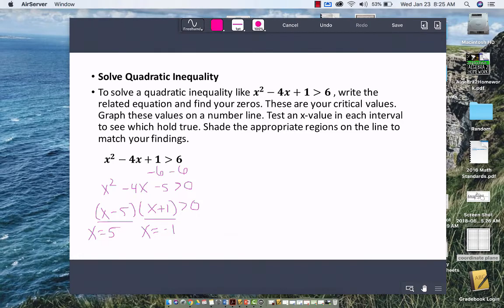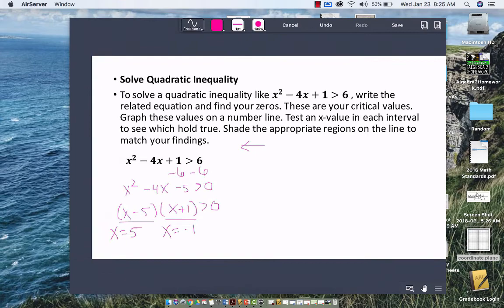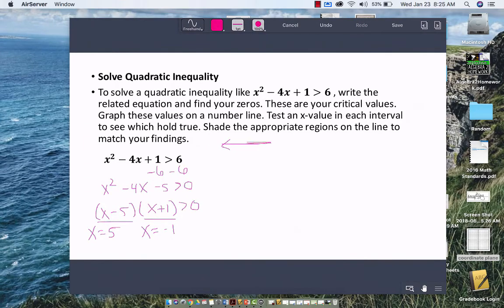So this is where this really comes into play. This is how it's different than a linear or absolute value inequality: we take our number line and we put our critical values on it. So we have negative 1 and 5.